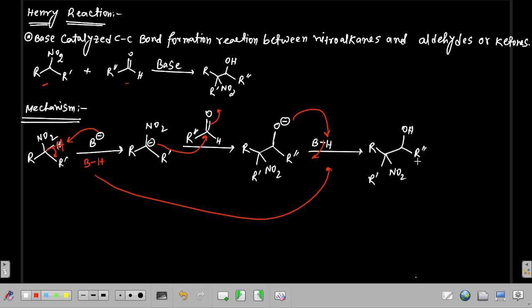So it will form the CC bond. It will form this coupling product, the condensed product.